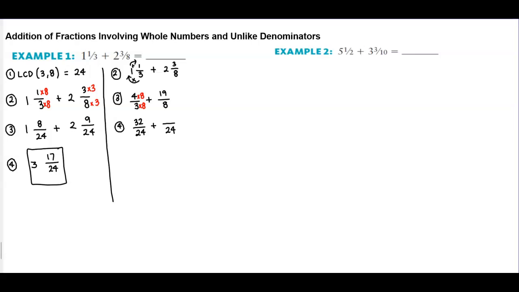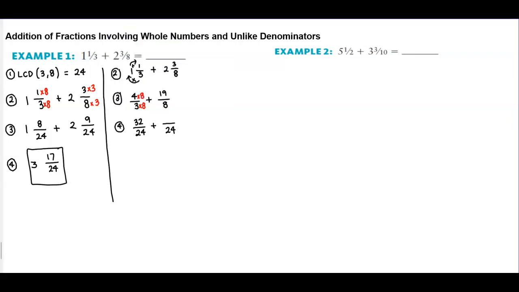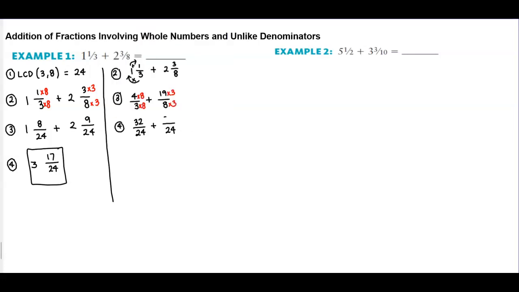Next, we have 24 divided by 8, and 24 divided by 8 is 3. So 8 times 3 is going to give us 24. And 19 times 3 is going to give us 57.